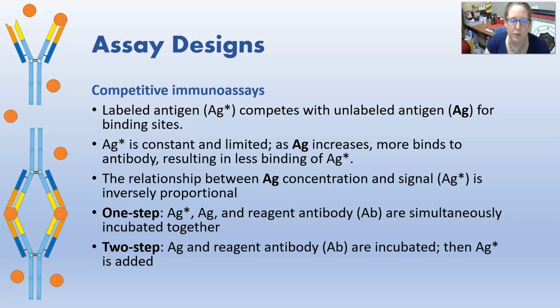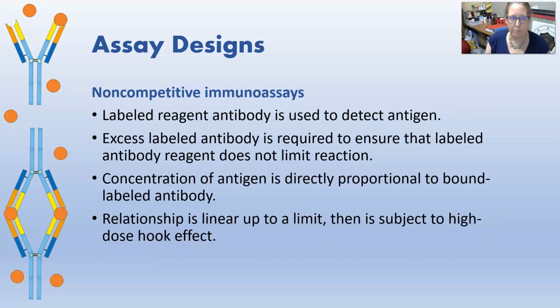You can have one-step or two-step competitive immunoassays. In the one-step, the labeled antigen, the sample, and the reagent antibody are all incubated together simultaneously, all in one step, and then you read. In a two-step, the sample and the reagent antibody are incubated first, then the labeled antigen is added, and then you have a measurement.